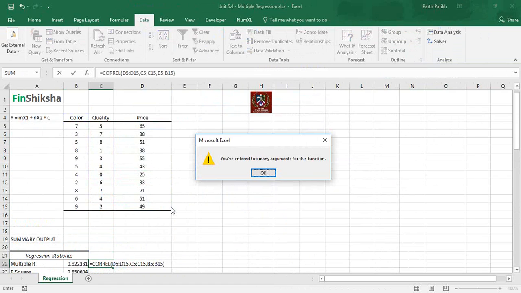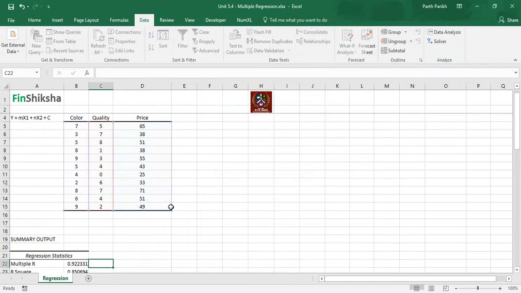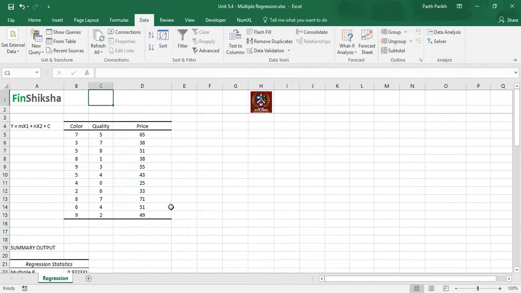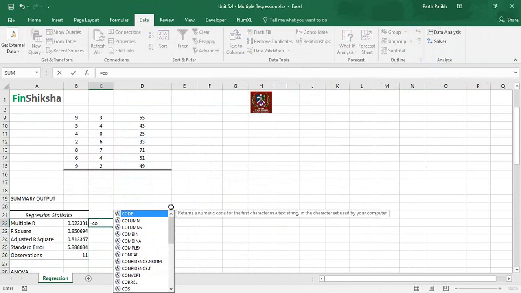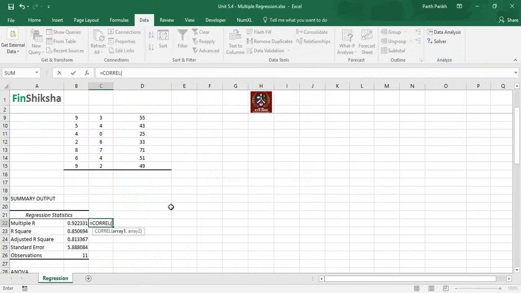This correlation is the calculated one, and that's why Excel is able to give it to us. So when you have more than one independent variable, then you cannot find correlation using the CORREL function. When you write the CORREL function, there are only two arrays, array 1 and array 2. There is no third array as such. However, we have got the output because Excel would have calculated it internally.